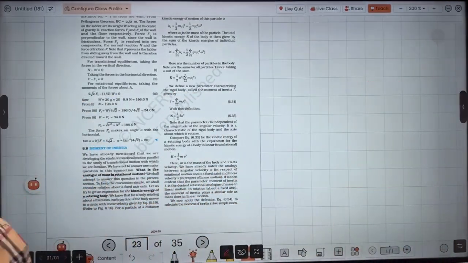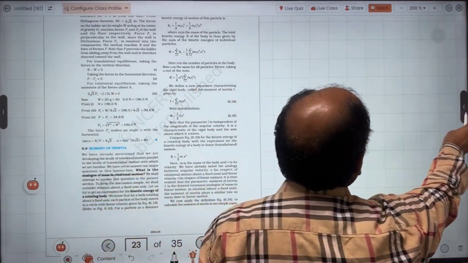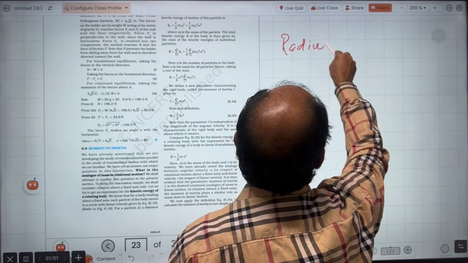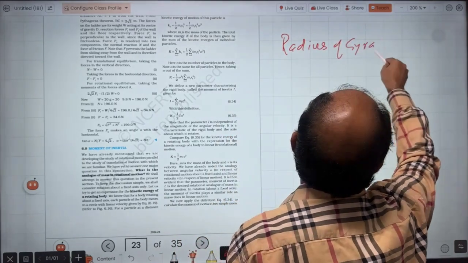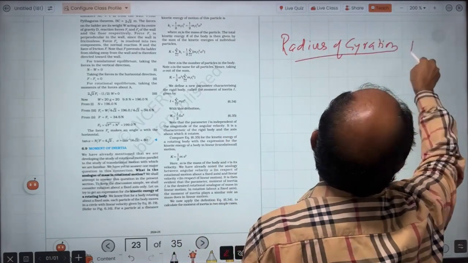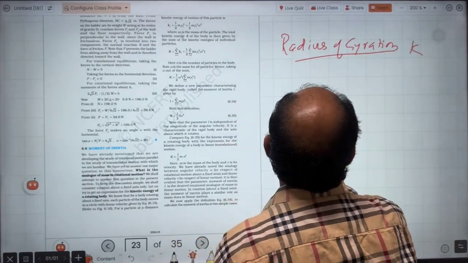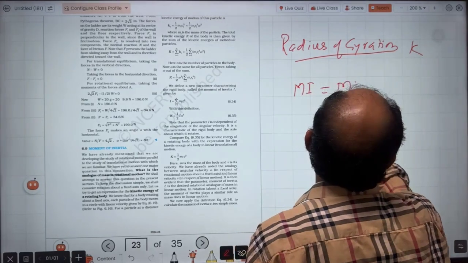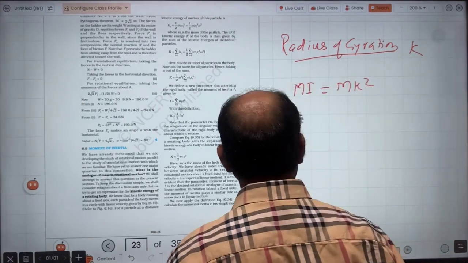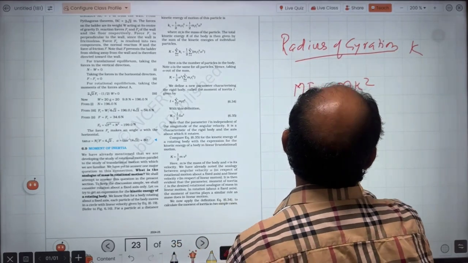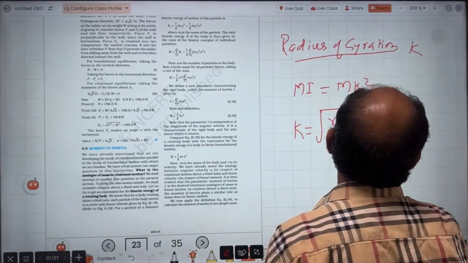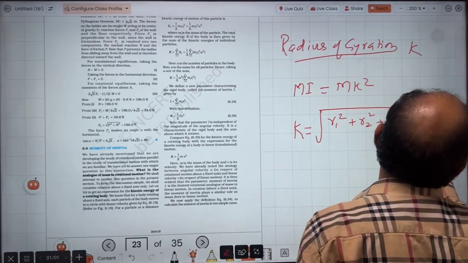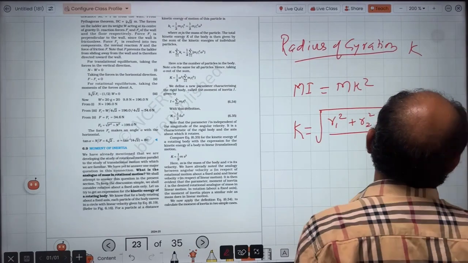Here there is one important term that is called radius of gyration. So when we consider radius of gyration, say radius of gyration is k. In that case, we write moment of inertia MI as mk square, where m is the total mass and k is the radius of gyration, which can be found by r1 square plus r2 square plus r3 square and so on plus rn square, whole divided by n.